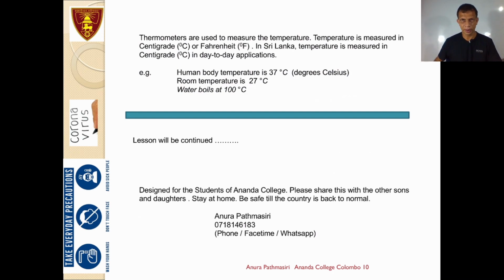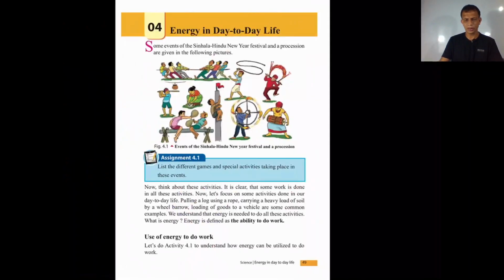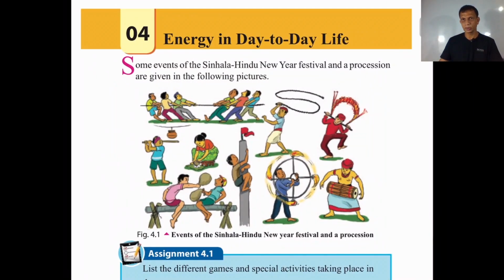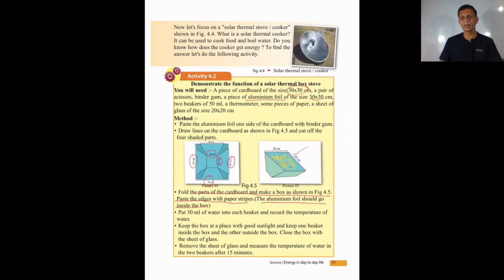So as I told you again, we wanted to study about the energy sources as the book suggested to us. It is the fourth unit or the third competency, and when we proceeded with the lesson, we saw that there are two activities. One, making a wind propeller, and the questions will be based on this activity. The second, to make a solar thermal stove or solar thermal cooker.